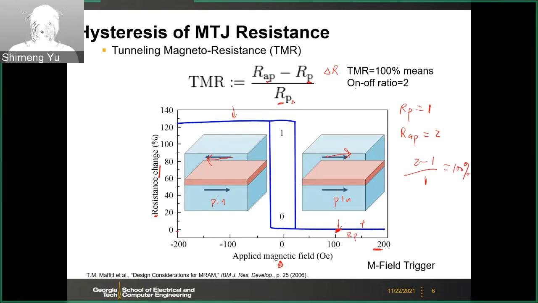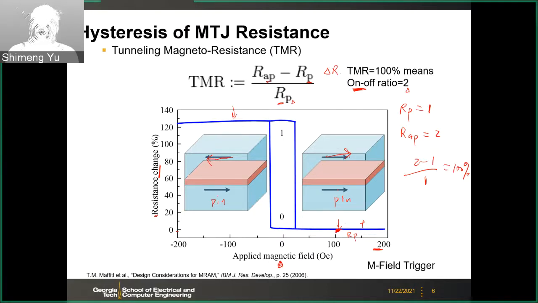But actually, in terms of on-off ratio, it's pretty small. If you compare this number with other non-volatile memories we discussed before, like RRAM and phase change, the on-off ratio can be up to like 10 or even sometimes 100. So for MRAM, the MTJ resistance difference is pretty small. It's like only 2 on-off ratio. So sometimes they translate that to this 100% TMR ratio.